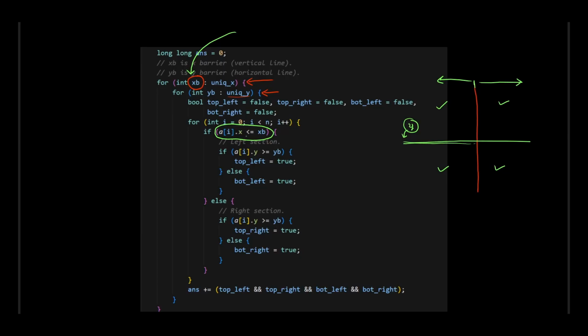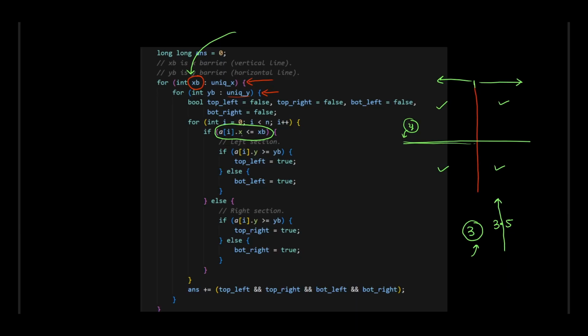Why am I adding equal to? Because if the barrier is 3, and the element left of the barrier has x coordinate 3, you can assume that we just placed the barrier at 3.5, because you don't have to touch the integer value.